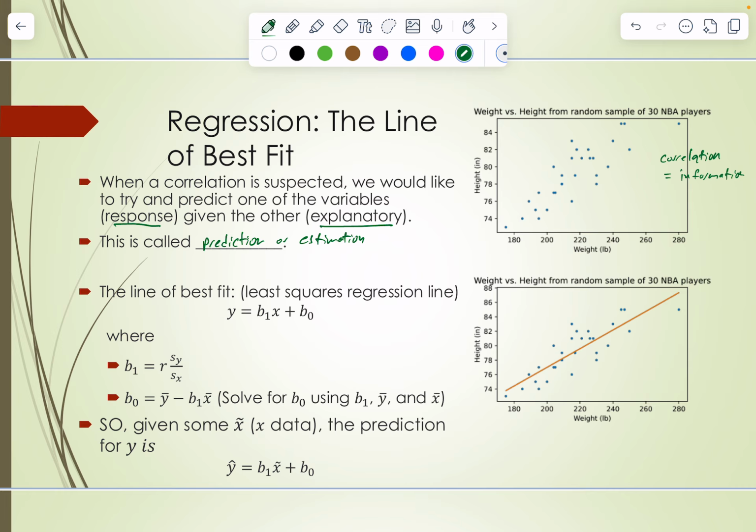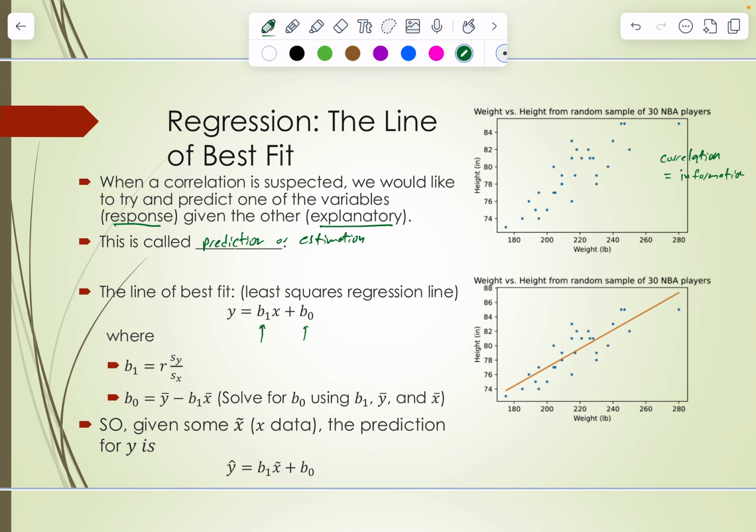The way we do this is we use what's called the line of best fit, which, as we'll see more of, is the least squares regression line. And it's the equation of a line. So here's my slope. B1 is my slope. B0 is my intercept. Where do we find these values?